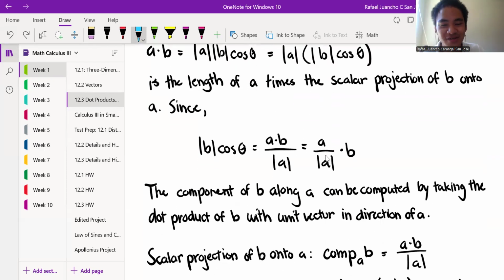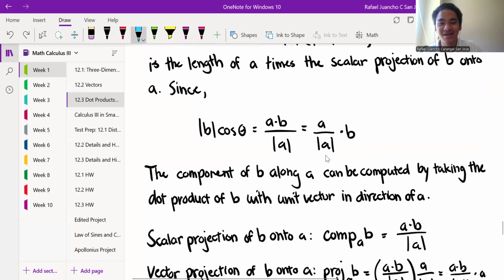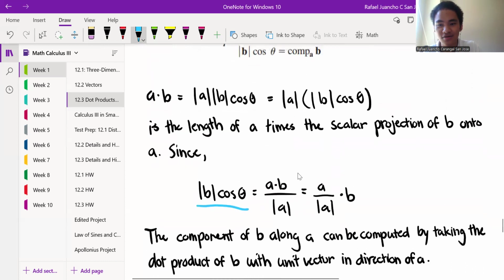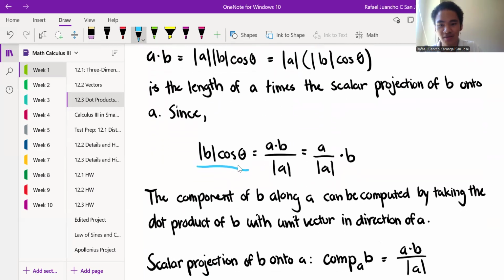Okay, a lot of me talking, but we'll get through it. And since this scalar projection of B onto A is actually equal to the dot product of A times B divided by the length of A. How did we get there?